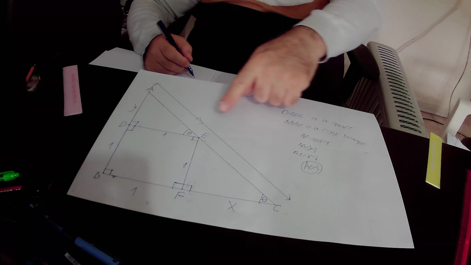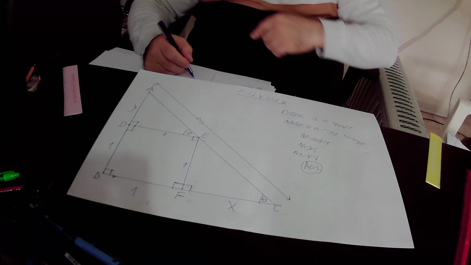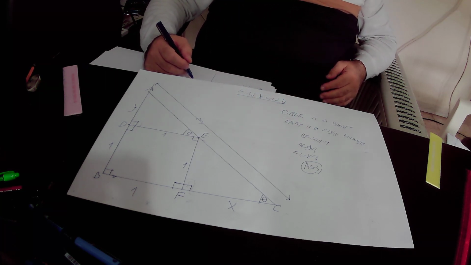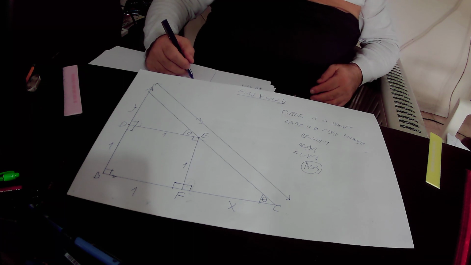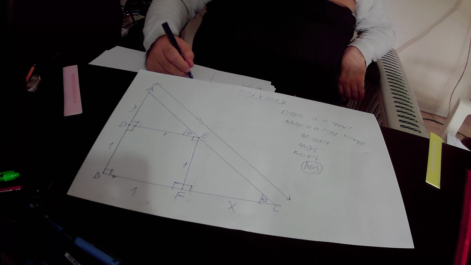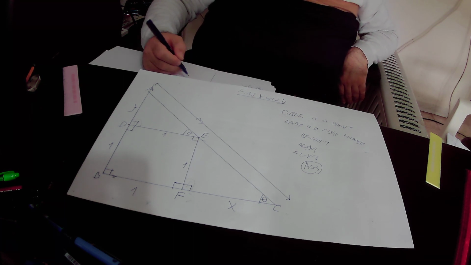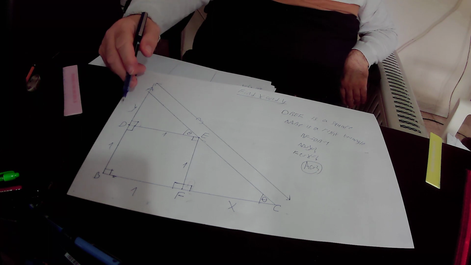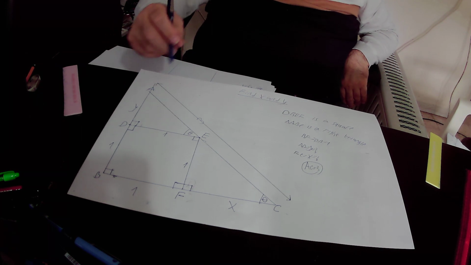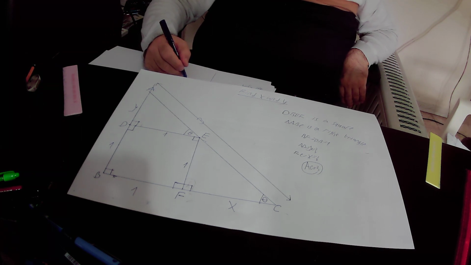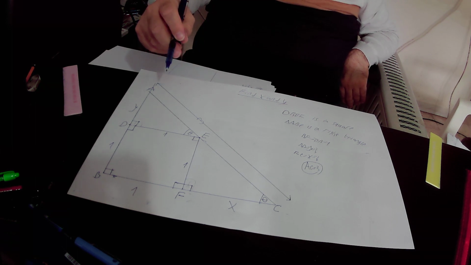AC equals 3 units according to the given equation. So AC square will be equal to 3 square. 3 square is 9, and it equals AB square. AB equals Y plus 1, so AB square will be equal to Y plus 1 square, plus BC square.